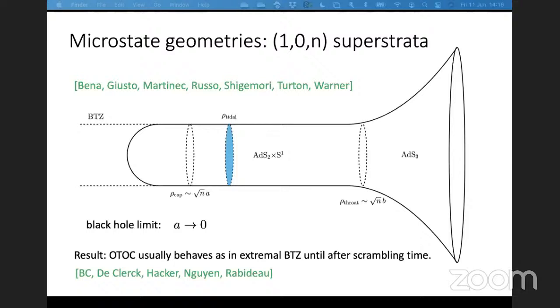Did you take any particular values for this A, or was your similarity between the extremal black hole and the microstates for all A? Yeah, we took the minimal value of A. But so it has to be very long for them to look similar.